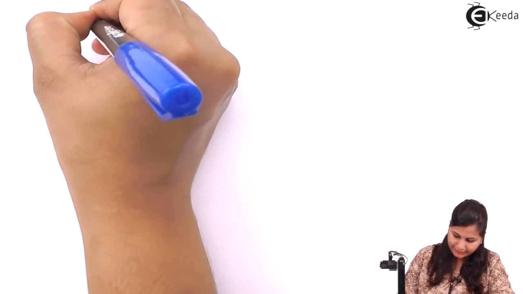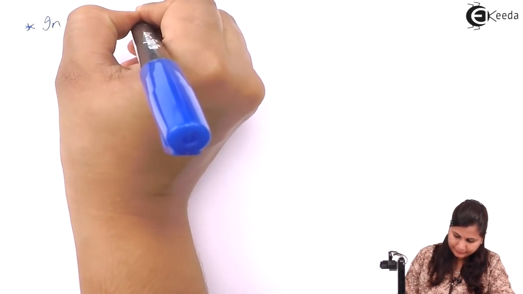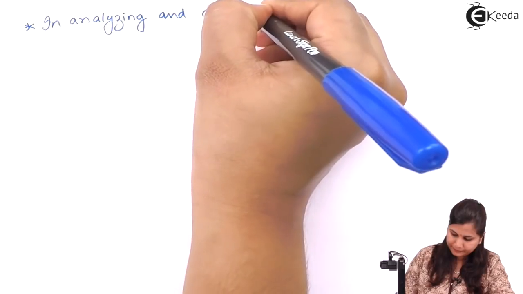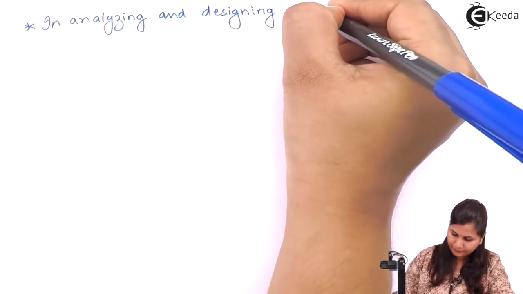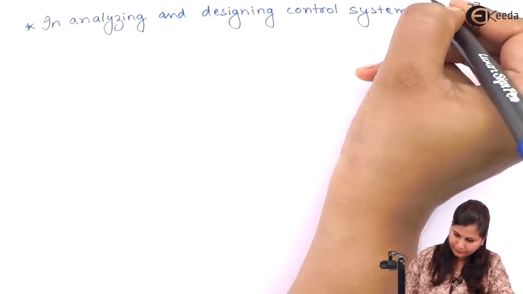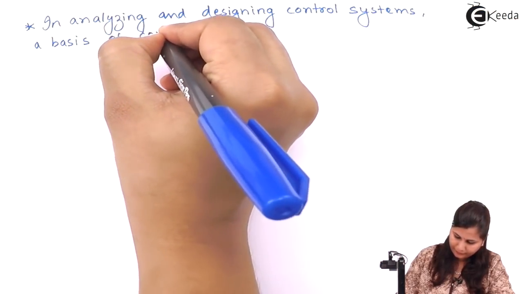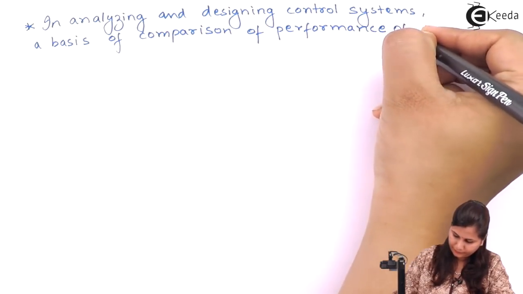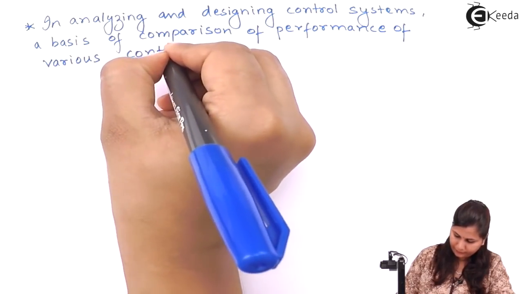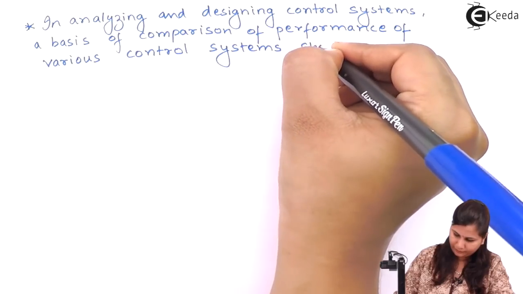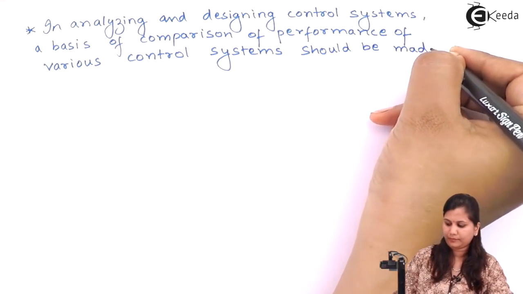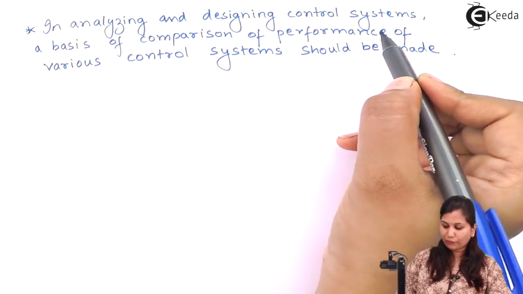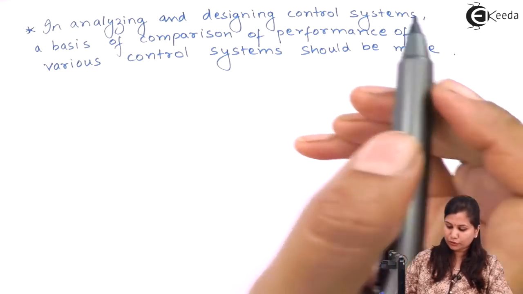In analyzing and designing the control systems, a basis of comparison of performance of the various control systems should be made.